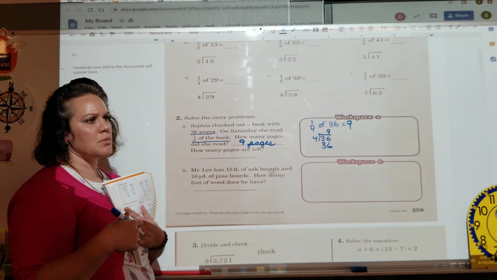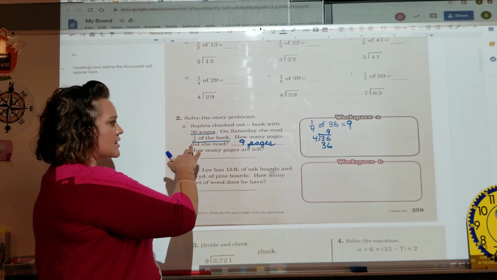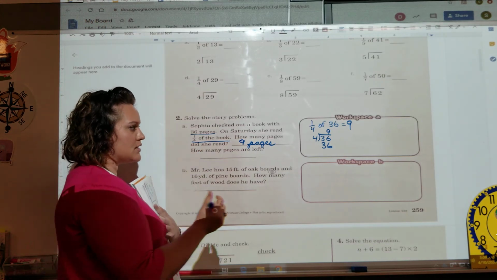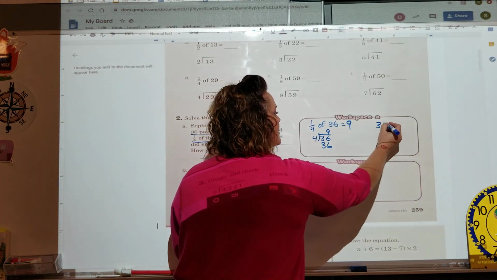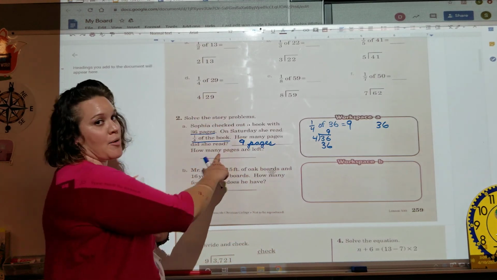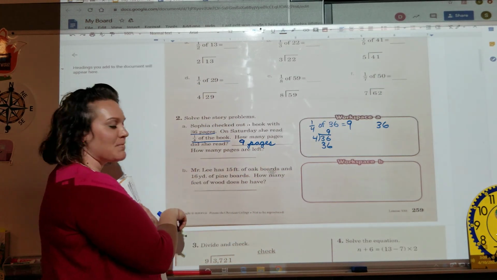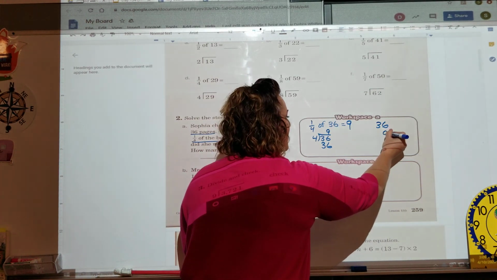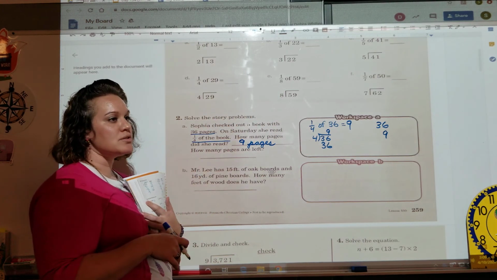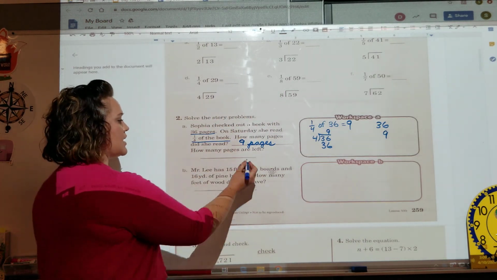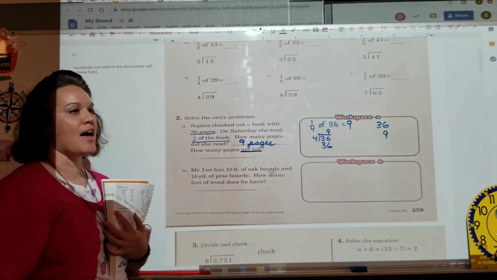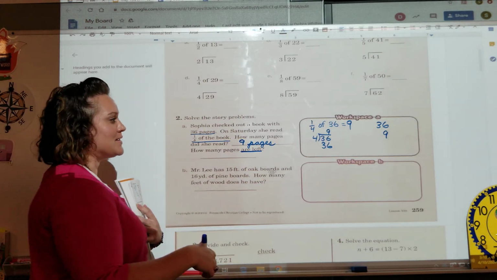We want to know how many pages are left. Now I want you to picture a book in your mind, just like this book. It has 36 pages. We have read how many pages with Sophia? 9 pages. Are we going to take away those 9 pages or add those 9 pages to find out how many are left? We're going to subtract them.